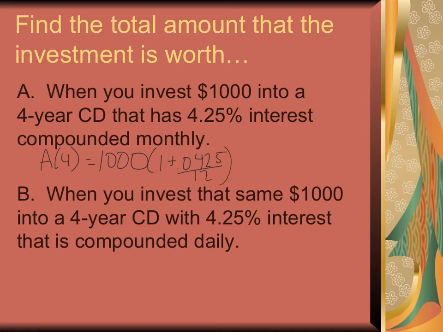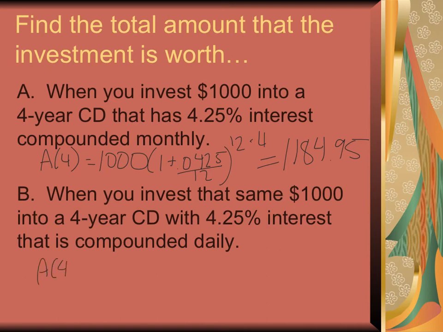Then we're going to raise that to the n times t, meaning 12 times the amount of time, which is 4 years. If we plug that into our calculator, what I end up getting is about $1,184.95.